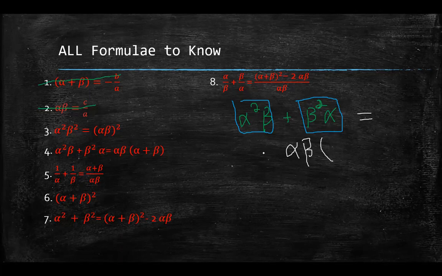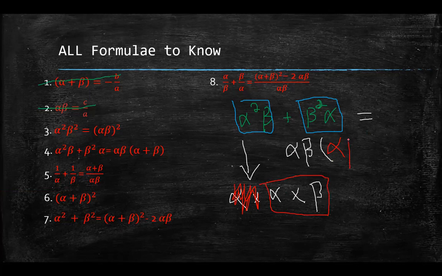Alpha squared is the same as alpha times alpha, and this would be times beta. So if I take out the alpha, one alpha will be remaining, and what else? Alpha beta.